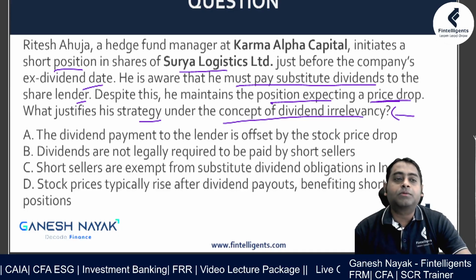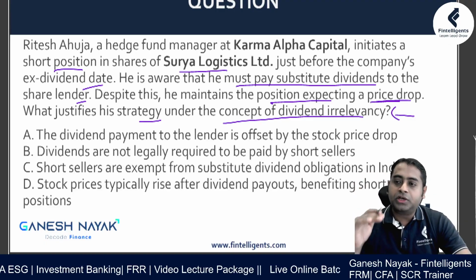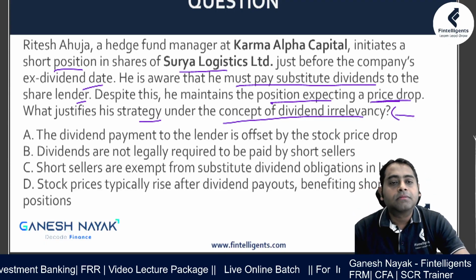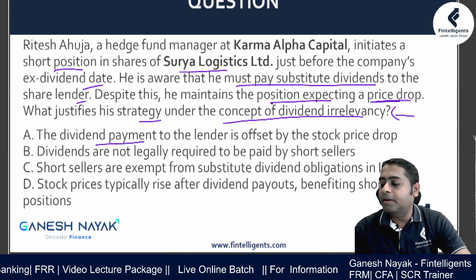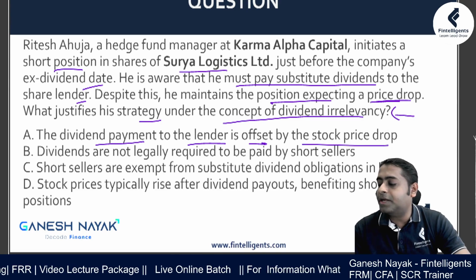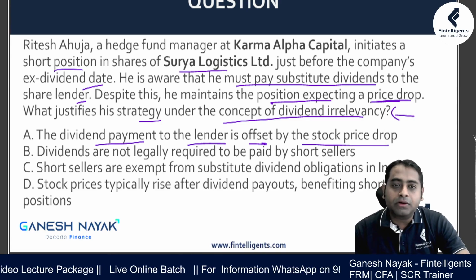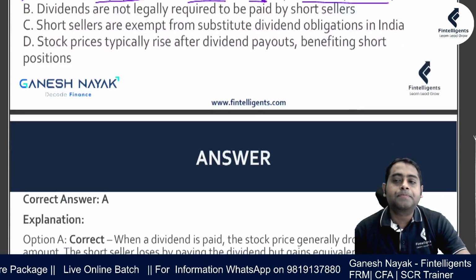What is the concept of dividend irrelevancy? Whatever is going to be the reduction in the price, you have to pay a similar dividend, right? Correct? So read this: dividend payment to the lender is offset by the stock price drop. So whatever profit you're making from the stock price drop, you're paying it to the lender. That is your dividend irrelevancy logic, right?